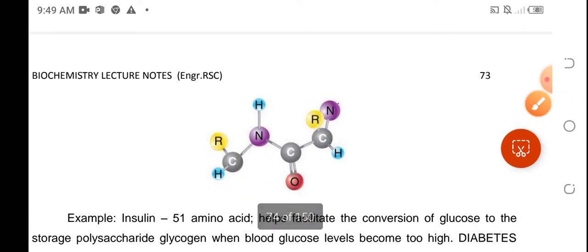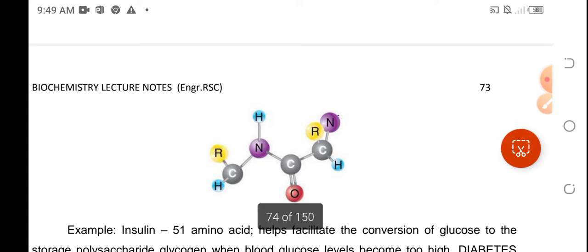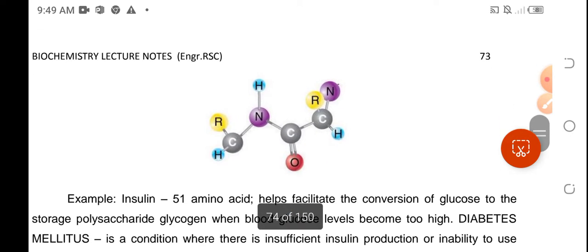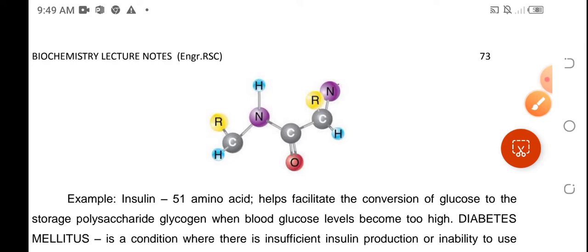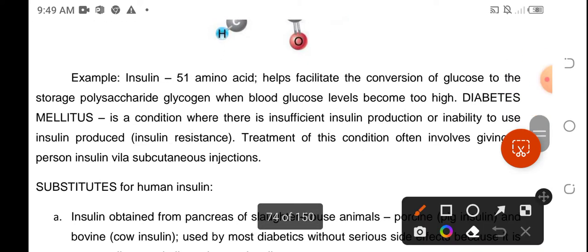So the carbon atoms and the nitrogen atoms in the protein are arranged in a tetrahedral orientation. That's why they are arranged in a zigzag manner. Okay, we have insulin to be the first sequenced protein.